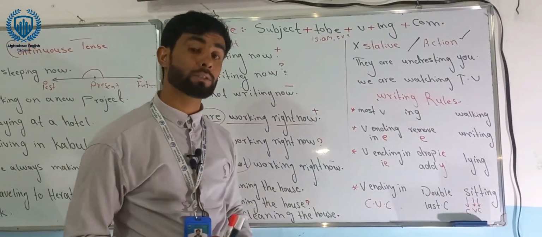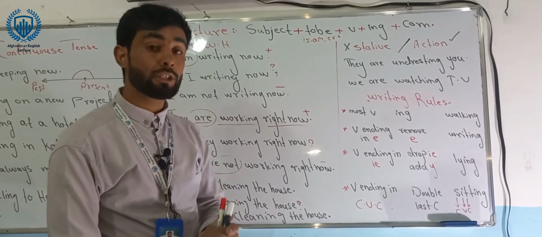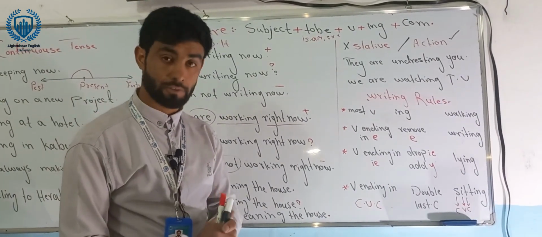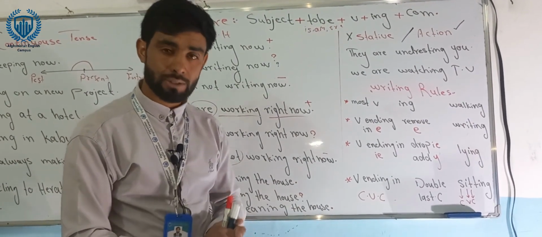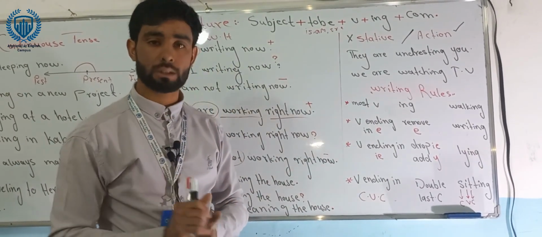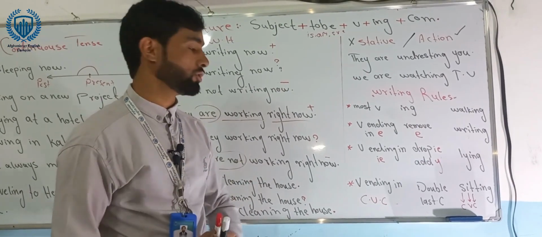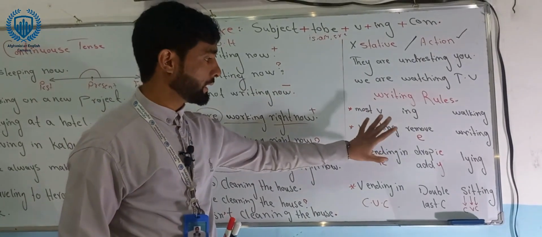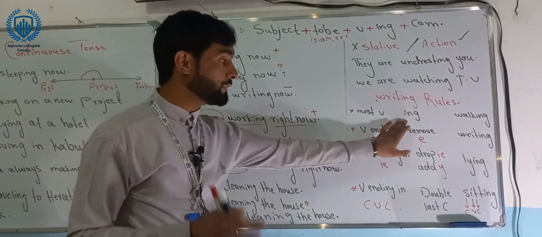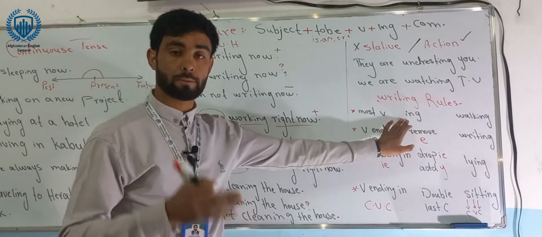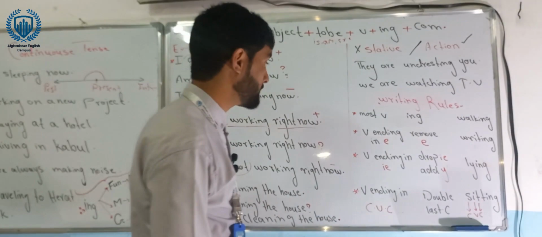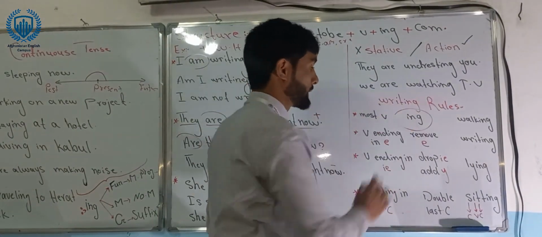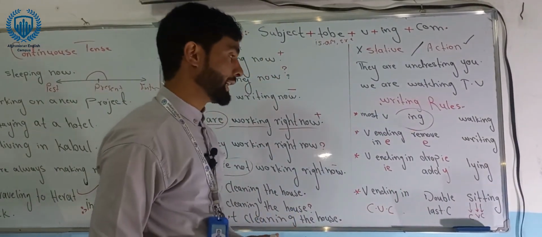Come to the rules. The next part is about the rules of the ing or present participle form of the verb. How to add ing. There are a few rules to understand about adding ing at the end of the verbs. The first rule: for most of the verbs, you can only add ing.